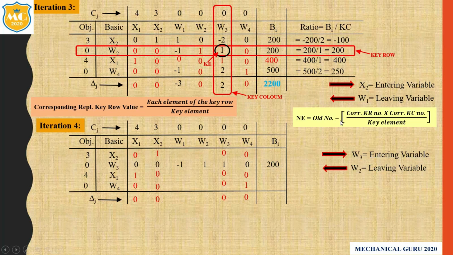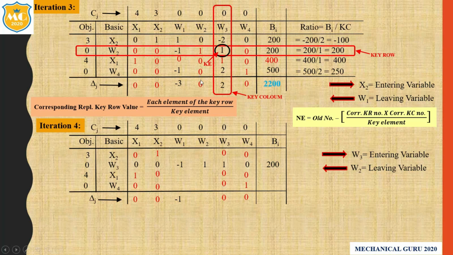So for the remaining values we have to choose this equation. First we have to find out this value: minus 3 old number, minus corresponding key row number, that is minus 1, into corresponding key column, that is 2, and key element 1. So here we get the value minus 1.